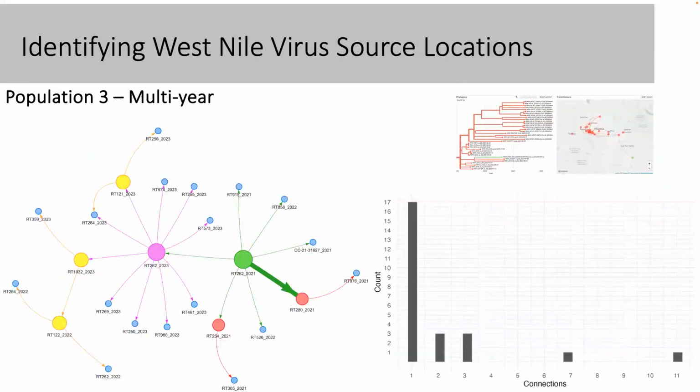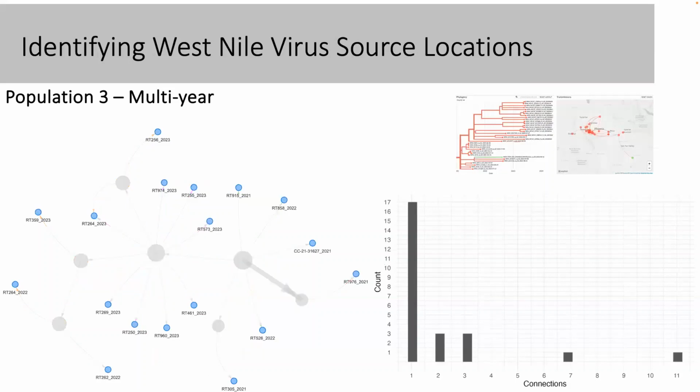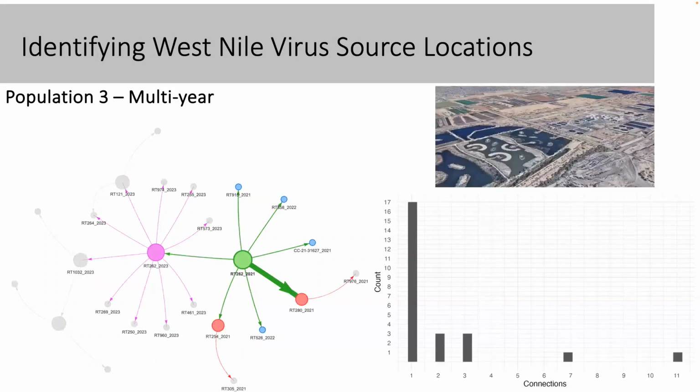And so we did a multi-year analysis where we identified most of our traps were sink sites, but we identified the exact same trap location in 2021 as our source. And we saw that connect directly into the same trap location in 2023. And so with this multi-year analysis, we are seeing that this population is persisting at this particular location year to year.